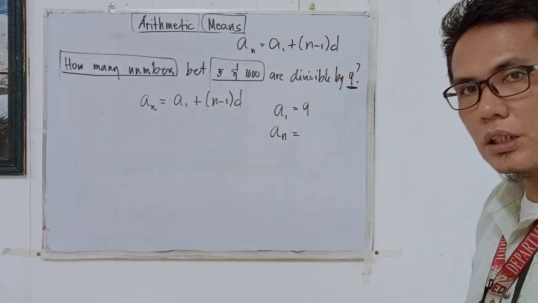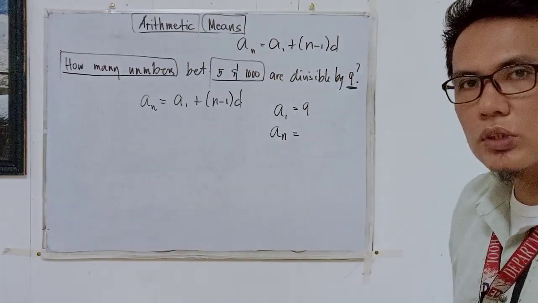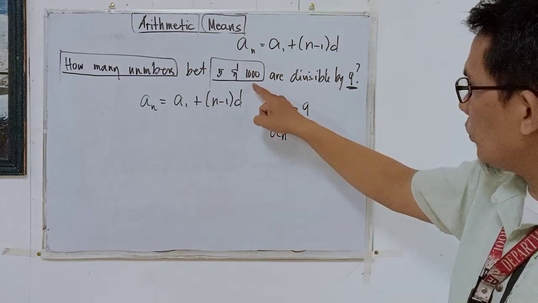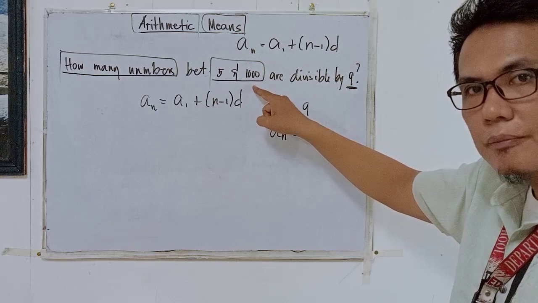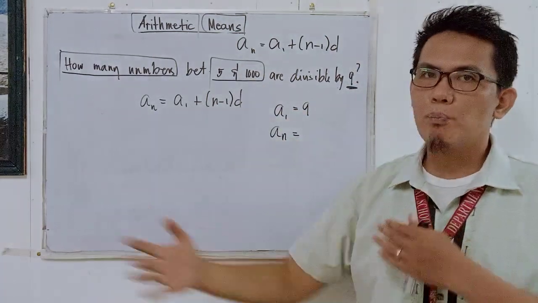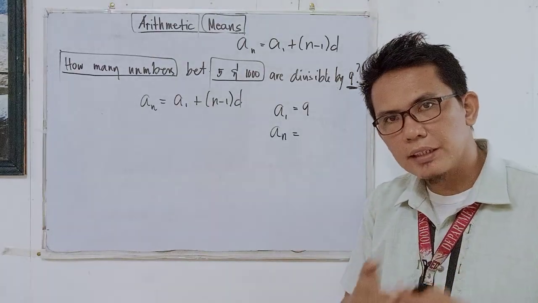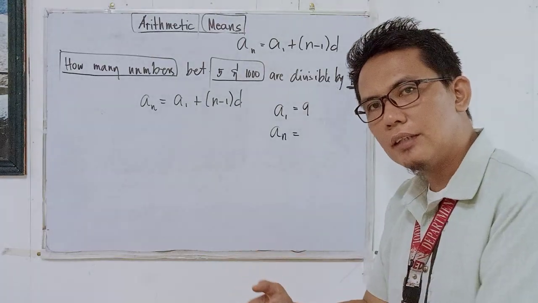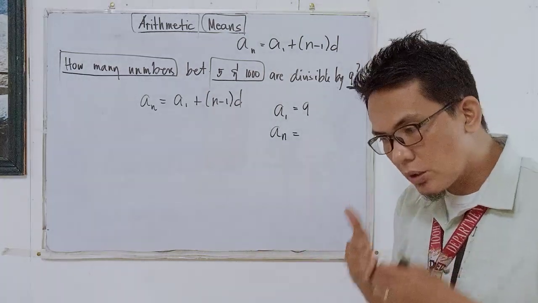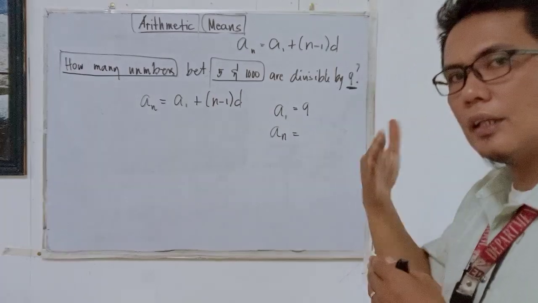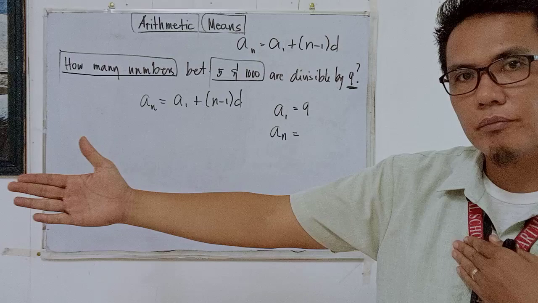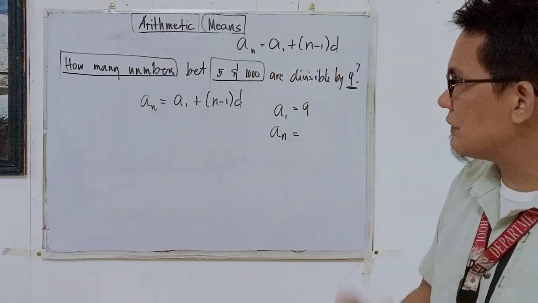What is the last number between 5 and 1,000 that is divisible by 9 but will not exceed 1,000? 1,000 is not divisible by 9. So therefore, we're going to go backwards. Let us try to divide the numbers right after 1,000 in decreasing order. 1,000 is not divisible by 9.